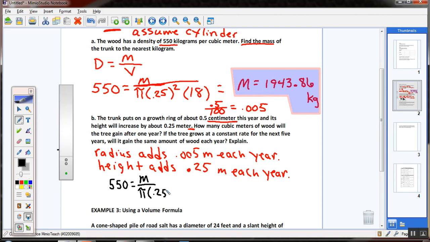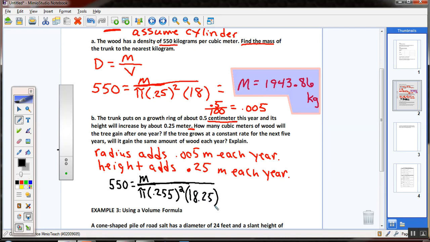Yep, 0.255. Radius squared. What's my new height now, kids? What was the original height? 18. How much did it grow this year? 0.25. Okay, so the new height this year is 18.25.